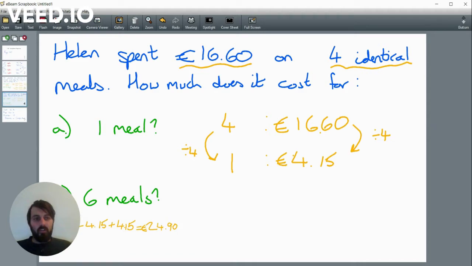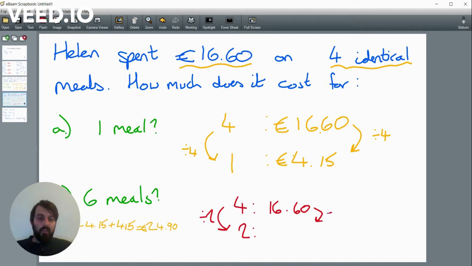Or just to show you another thing you could do, if you started off with 4 meals for €16.60, and we want to add on 2 more meals to get to 6. So you could work out what 2 meals was by dividing by 2.